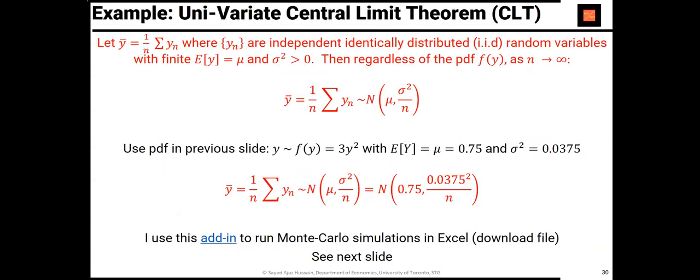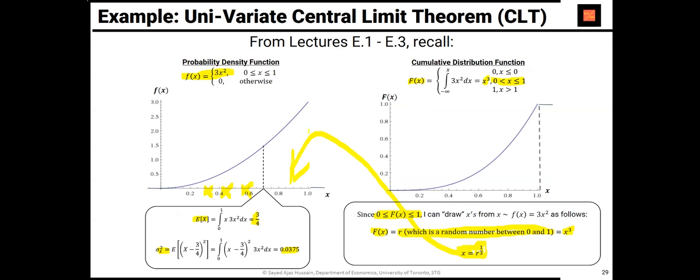What I should see is as follows. Once again, here's what the CLT said. CLT said, give me the sample mean from any PDF as long as all the y's are independently drawn. And if you know that the expectation of y's is mu, and you know that the variances are positive, then it doesn't matter what the original PDF was. The original PDF here is this weird thing right here.